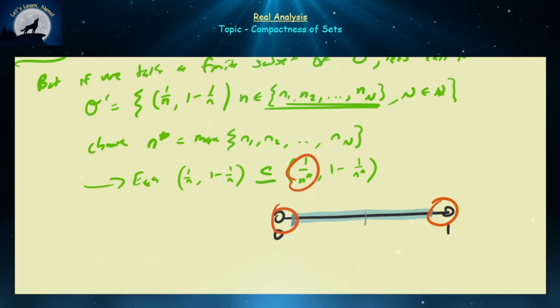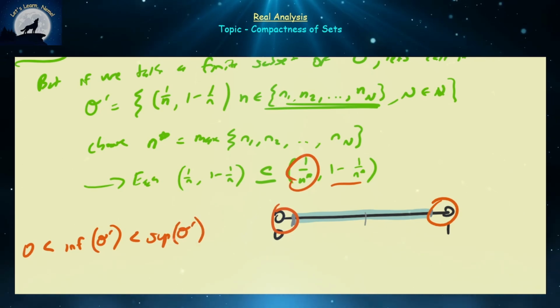So we can clearly see that the infimum of that set is 1 over n star, and the supremum is 1 minus 1 over n star. And clearly 0 is strictly less than the infimum of O prime, which is strictly less than the supremum, which is strictly less than 1.